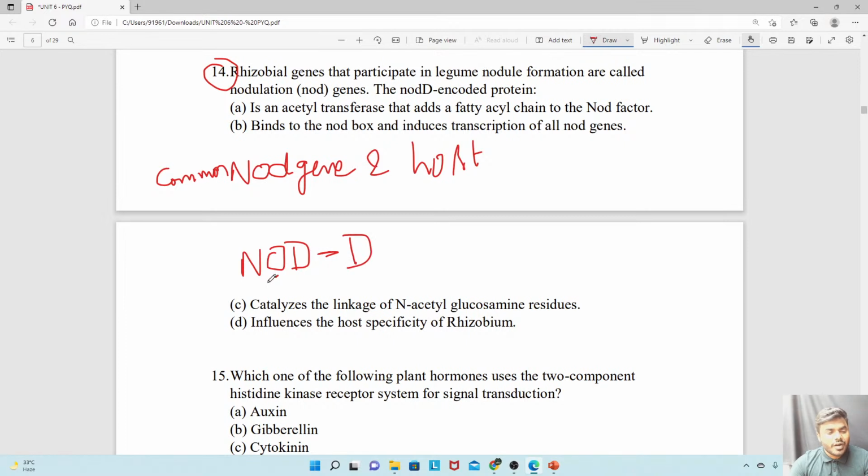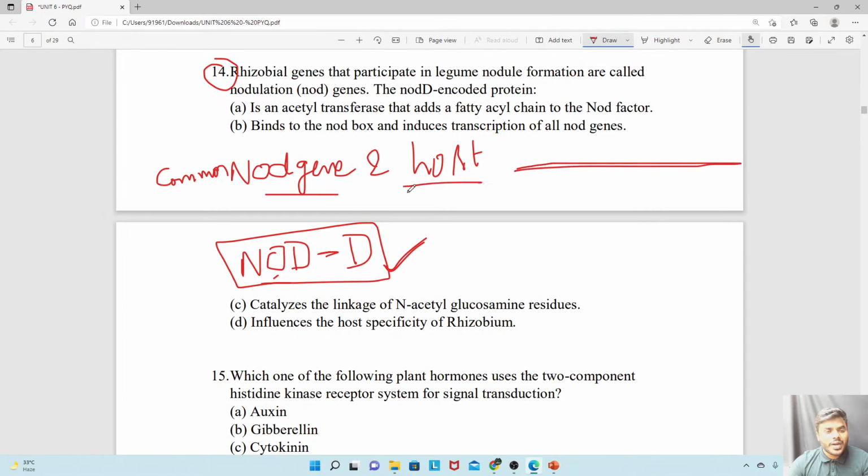What is that gene? We call it the nod D gene. So first in the bacteria body, what gene gets activated? The nod D gene gets activated by chemoattractants like flavonoids and betaines. Once the nod D gene is activated, this is the gene which can code for common nod genes and host specified nod genes.